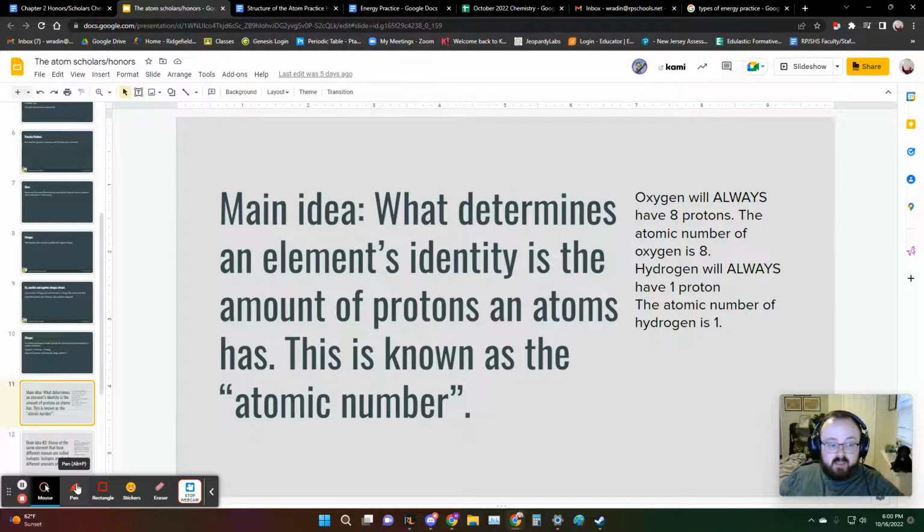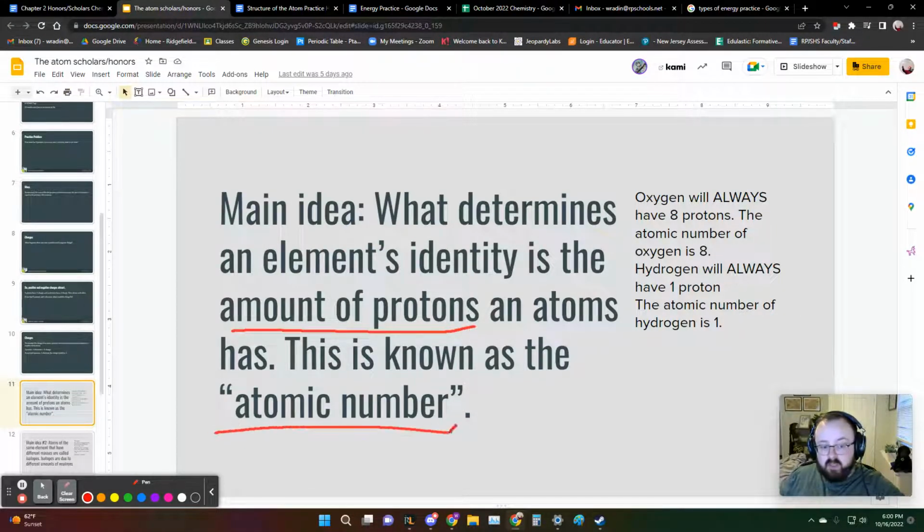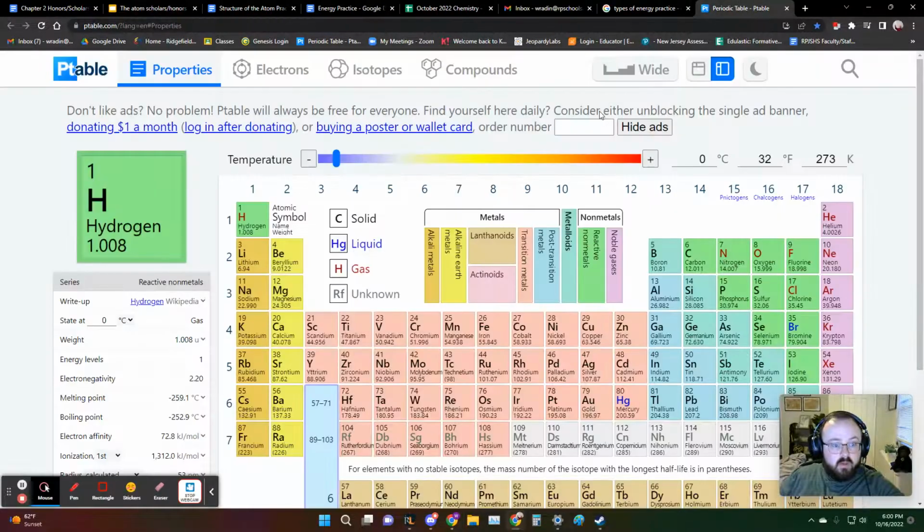what determines an element's identity, I guess I have to start here then. What determines an element's identity is the amount of protons, and this is the atomic number. So when we start looking at our periodic table and our atomic number, this means that any hydrogen atom has 1 proton.